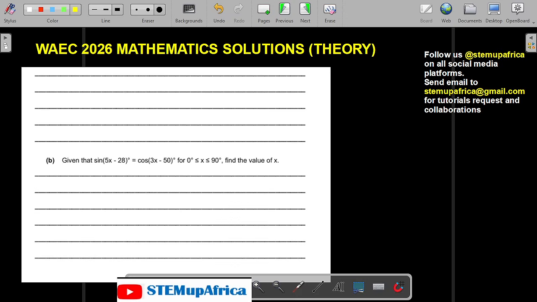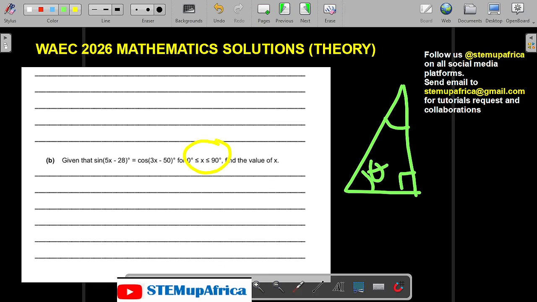That means we're dealing with a right angle triangle here. Now remember that 2 angles are complementary if the sum is 90. If I have a triangle such as this, here is 90, I call the others theta and alpha. It simply means that my theta plus alpha will give me 90 degrees. So that is the concept of complementary angles.